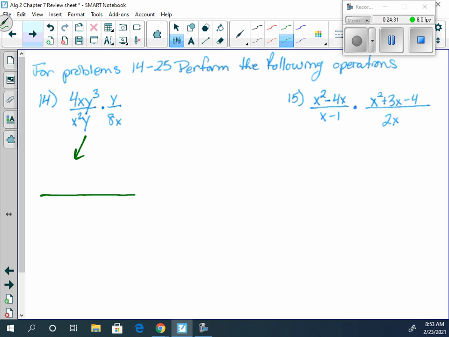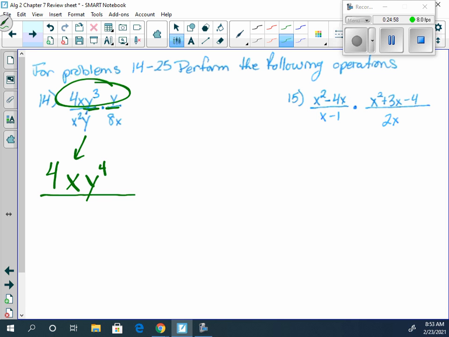When we look at the numerator, the top of this here, we have 4 as the only number. So if I'm just multiplying them all together, I just rewrite 4. We have x by itself, so there's only one x. Now the only other thing we have is y to the third times y, and y to the third times y would be y to the fourth. When the bases are the same, we add the exponents.